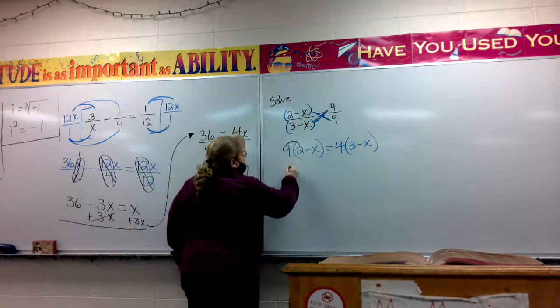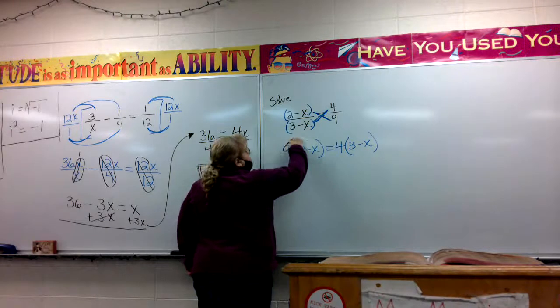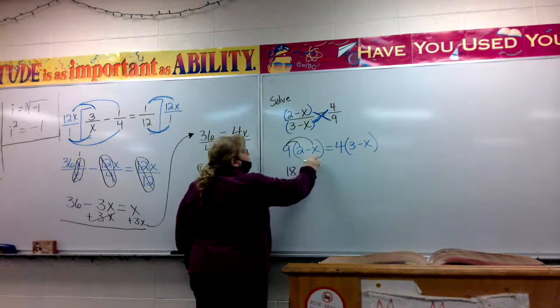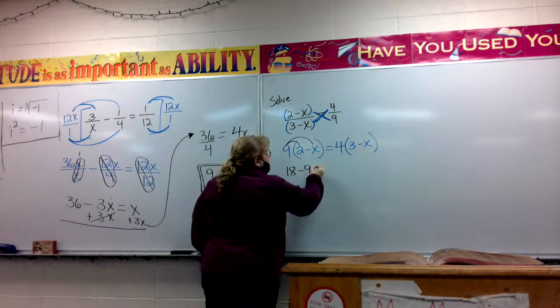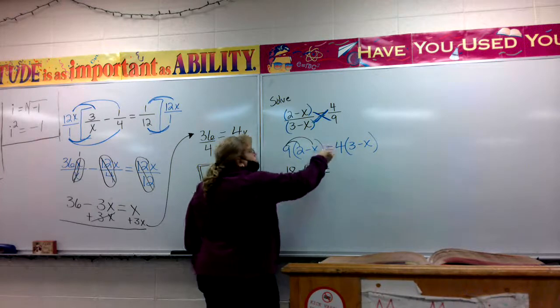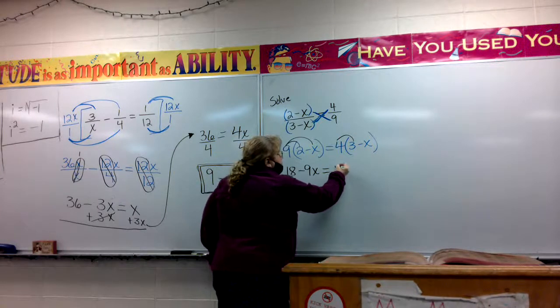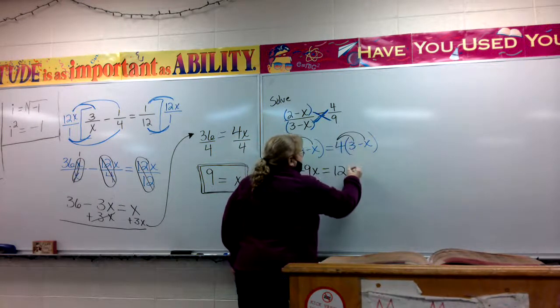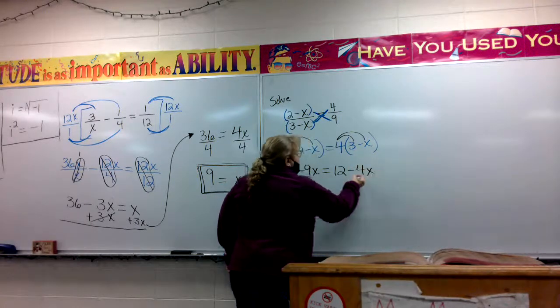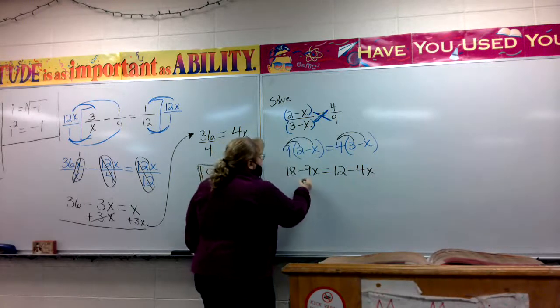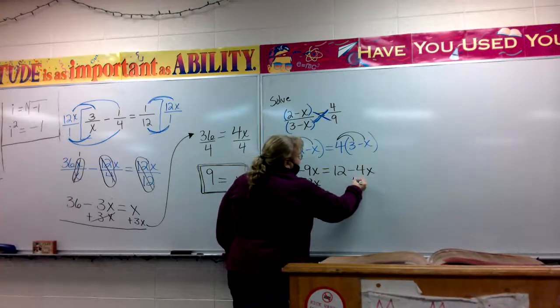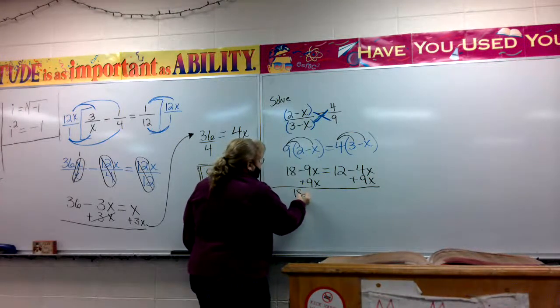What do you get? 18. Make sure I'm doing it right. 9 times negative x, negative 9x. What do I get? 12 minus 4x. Can I add 9x? And I get 18.